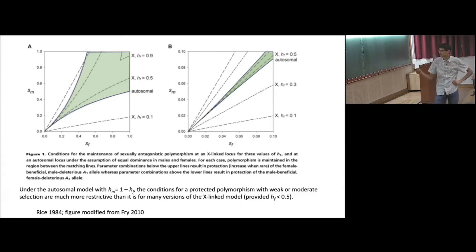Okay. So that's kind of this idea of why in this autosomal case, under that assumption, this is so narrow, and the X-linked case is so broad. Okay, so that led to this prediction that the X chromosome would be enriched for this sexually antagonistic variation.